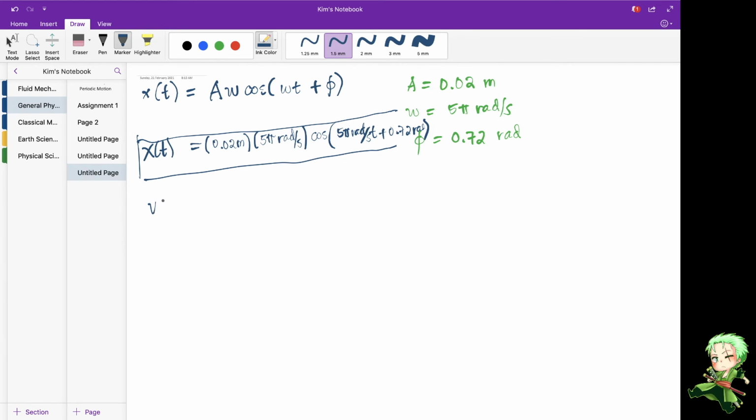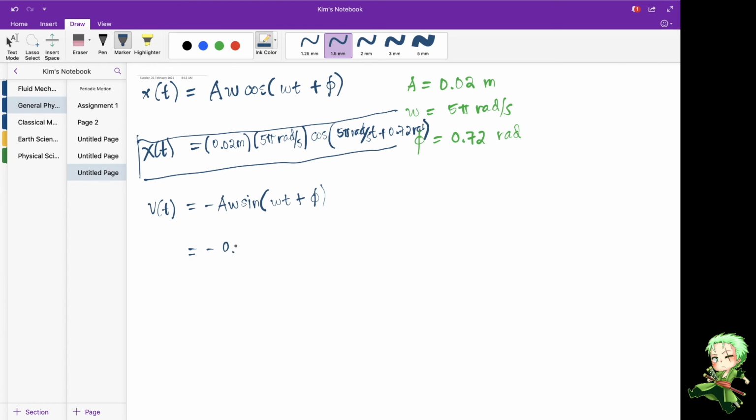So for the velocity as a function of time, you will have negative A omega, and then you now have sine, since this is simply the derivative of the position as a function of time. Okay, so this is easy.